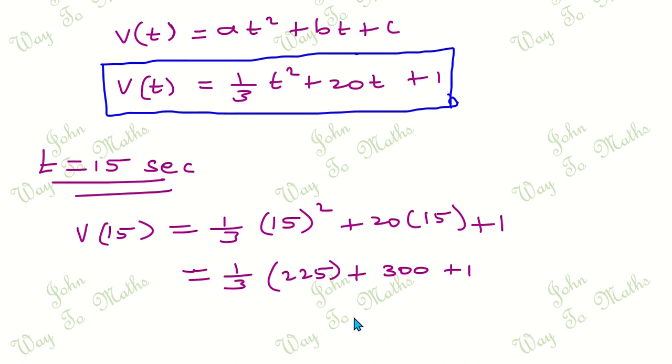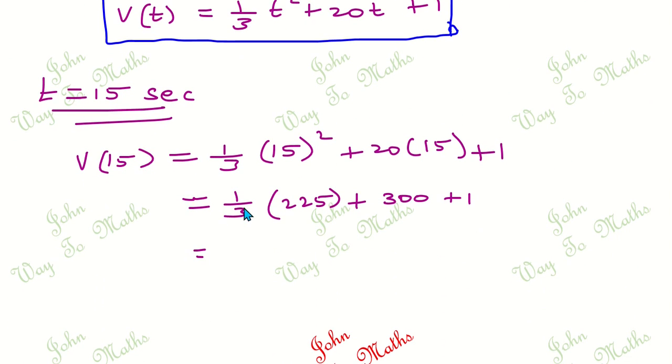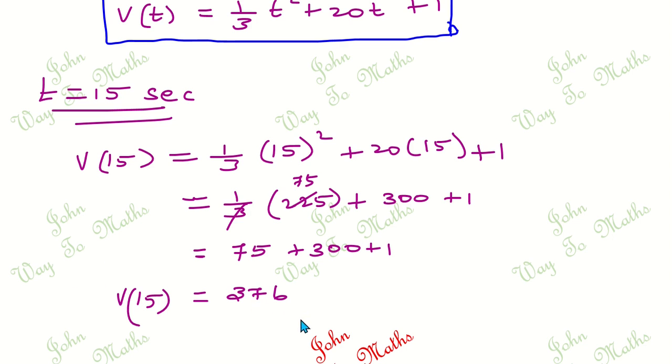Here we eliminate: 1 3s are 3, and 75 3s are 225. So 75 plus 300 plus 1. So finally we get the answer 376. V of 15 becomes 376.